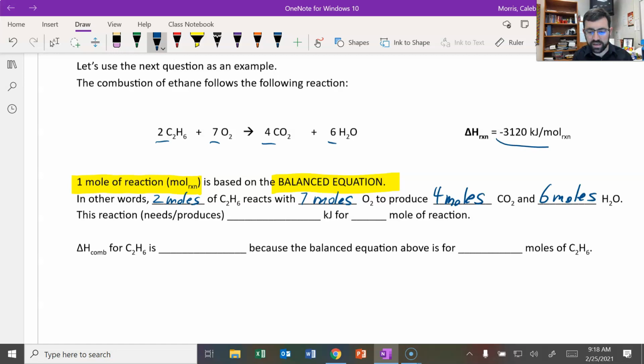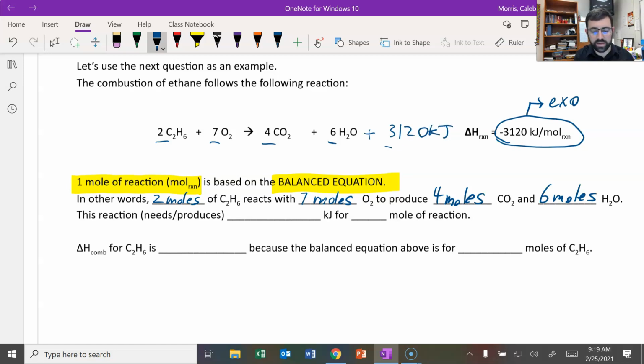This reaction, it either needs or produces heat. Well, this is negative. It's a negative value, so that tells me that it's got to be exothermic. That means it is producing heat. So one way you might see this written sometimes, and if you find it useful, you can try to do this, you could think of that as a product. We could say plus 3120 kilojoules.